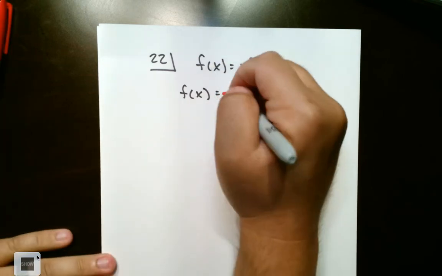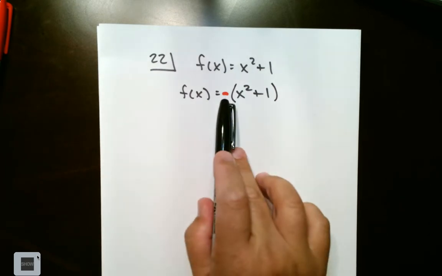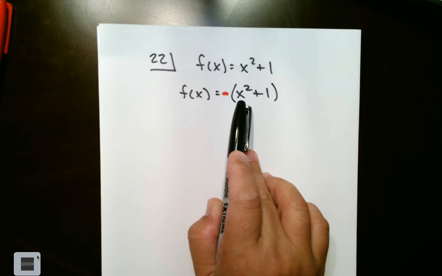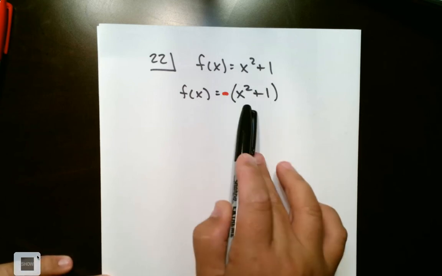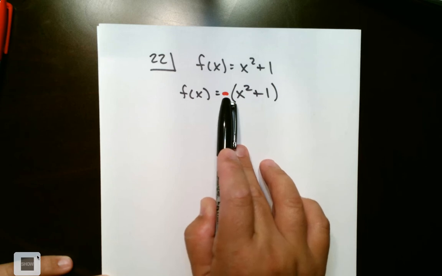I do need to put this set of parentheses here because I don't only want to put a negative with the x squared. I want to make this entire function negative. So I need to show that this entire function has a negative applied to it. So that is reflecting across the x-axis.